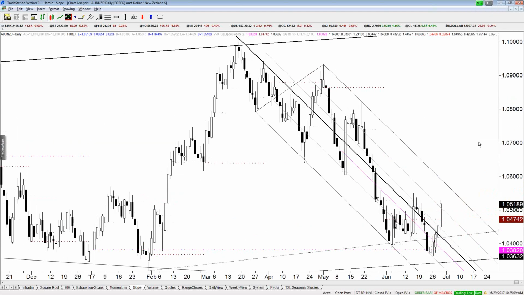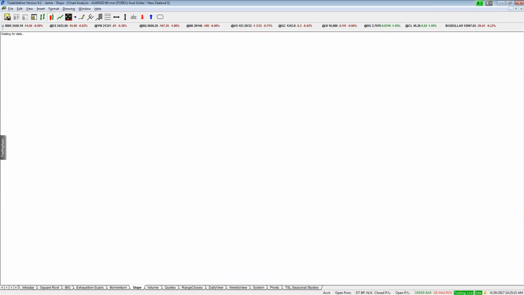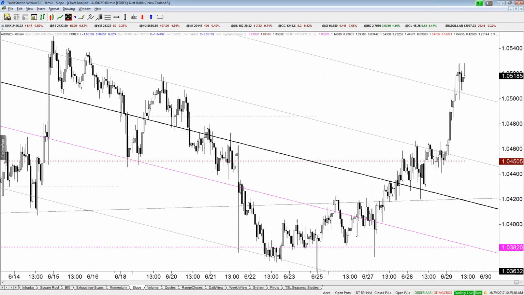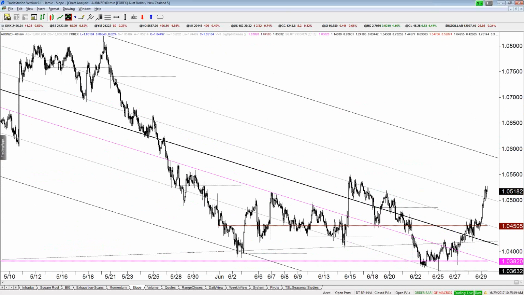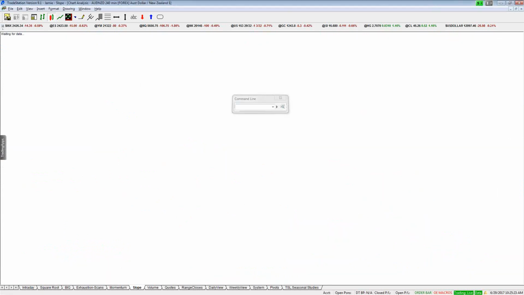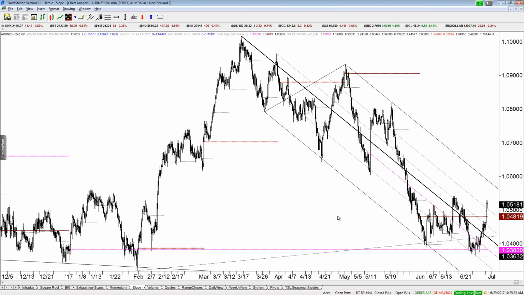So after basically 3 years of thinking that Euro or Aussie Kiwi was higher, it might finally be time to just bite the bullet and take the trade.